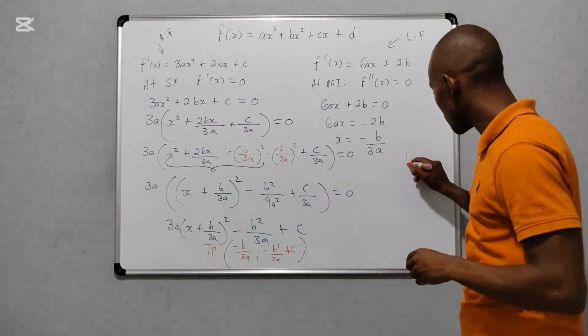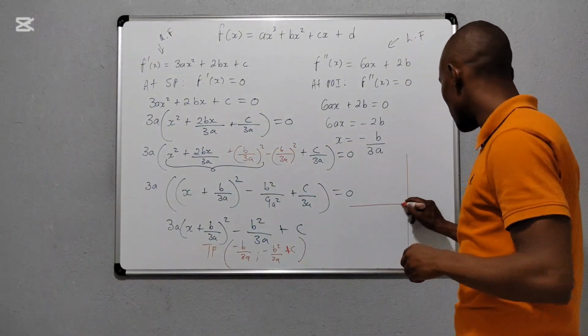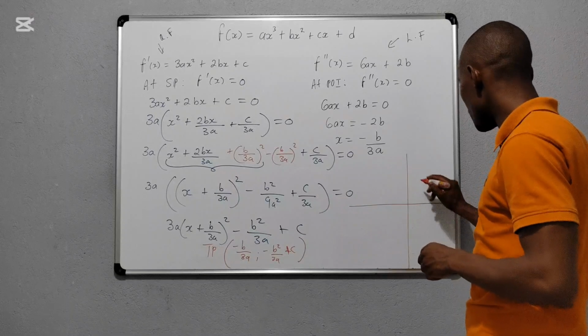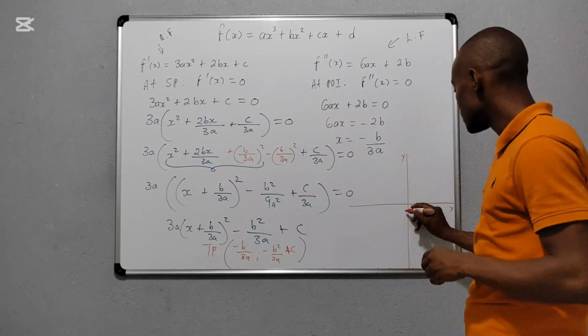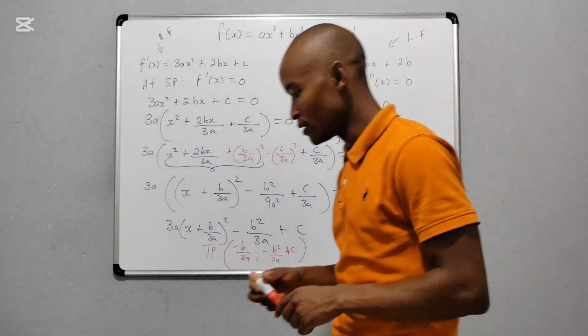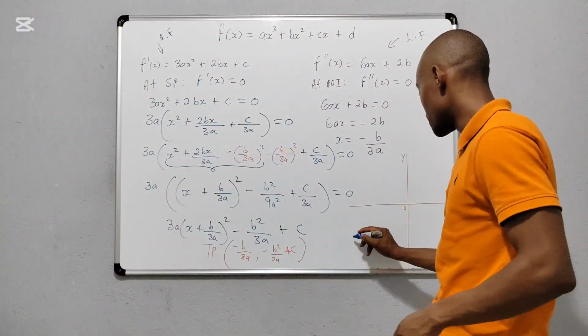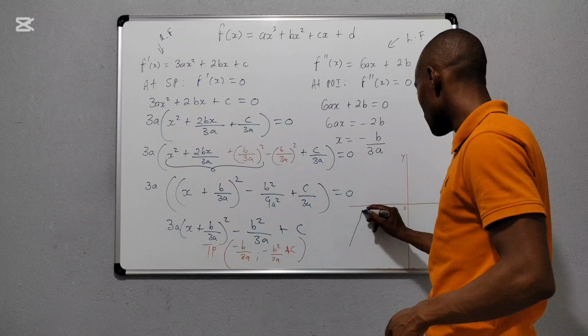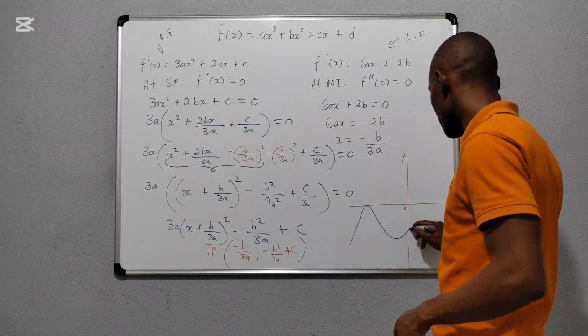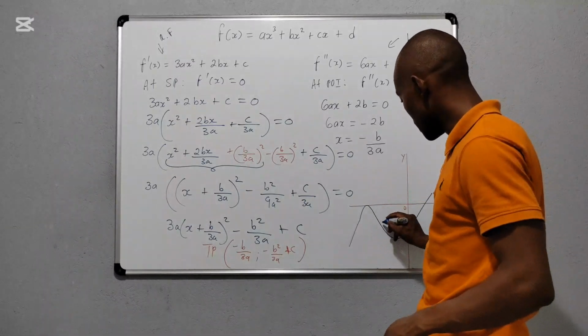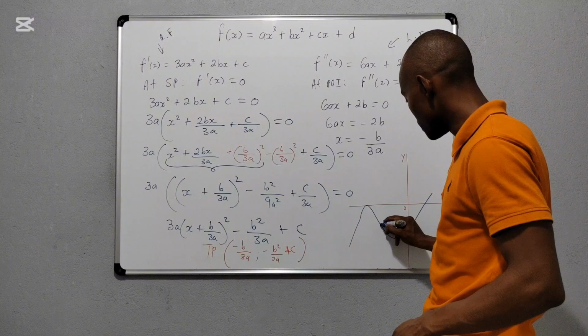Okay, so how do we show that vertical relationship in terms of the graphical representation? So suppose this is our frame of reference, or our xy axis, right? I'm going to draw in the cubic function, and suppose that is our cubic function, right? The point of inflection is here.